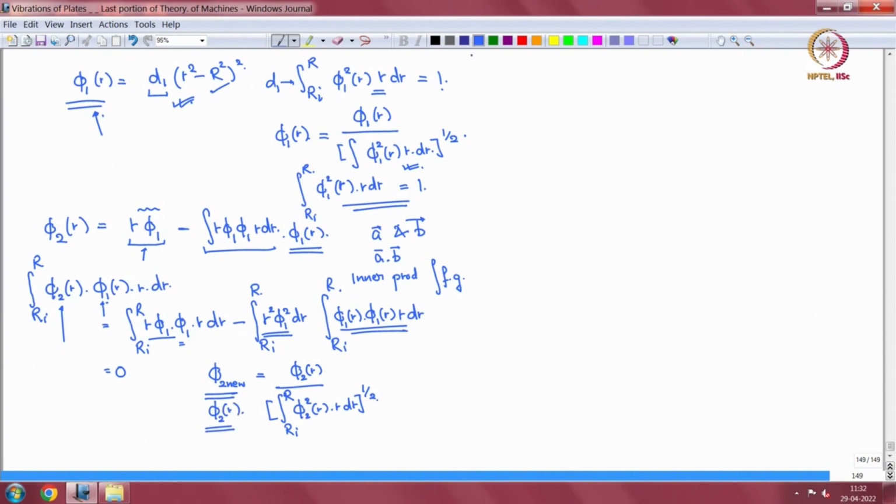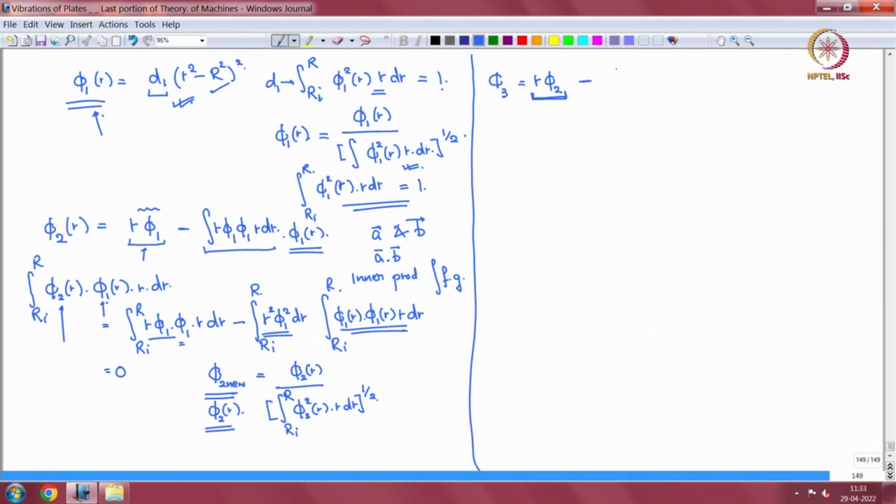Now how do I do phi 3, as the last one I will show? Phi 3 is r times phi 2, but I need to take out part of phi 1 in it and part of phi 2 in it.